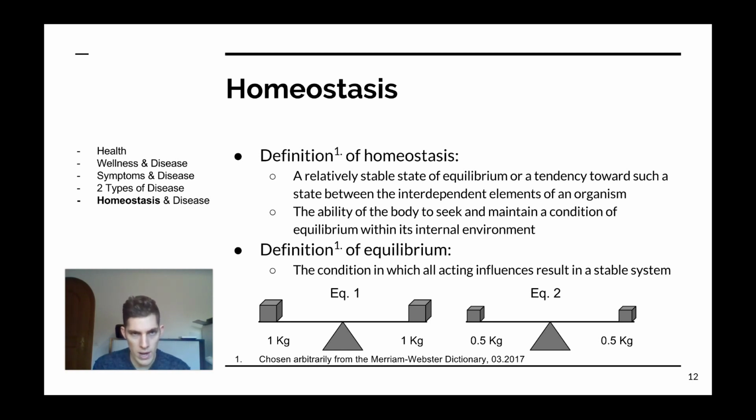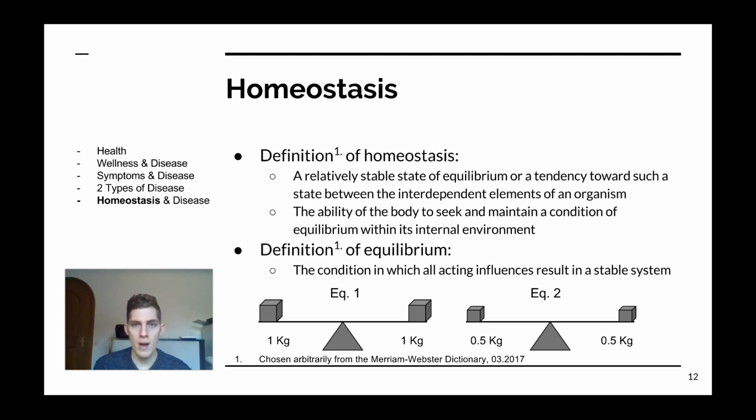On the other hand, we have equilibrium. What is equilibrium? An equilibrium is a condition where all influences result in a stable system. So if there are different forces, in total they will result in a stable system. What is the difference between homeostasis and equilibrium? I think the difference lies in the words relatively stable.